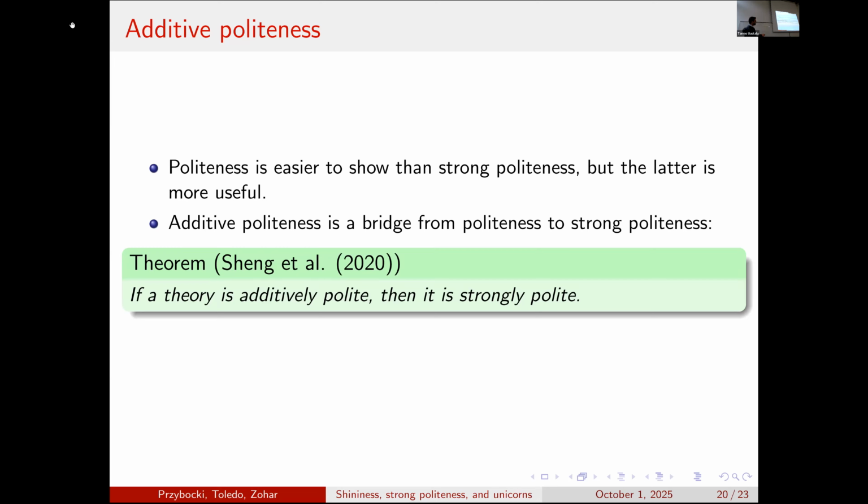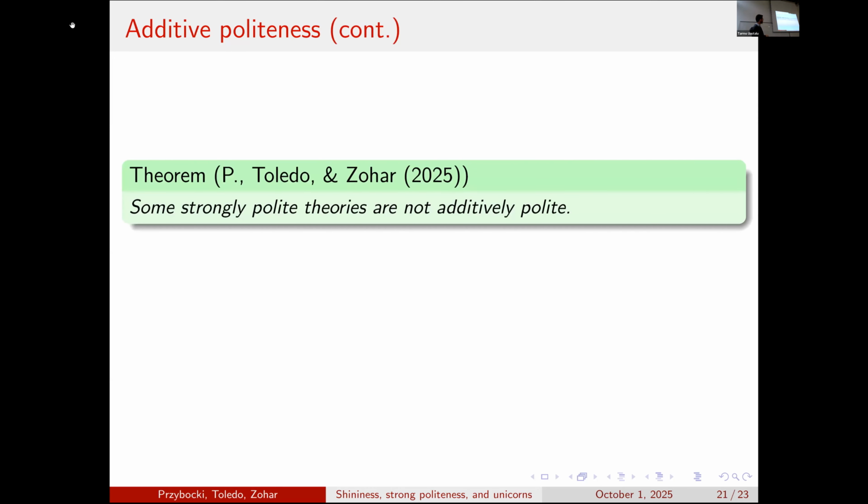So yeah, additive politeness implies strong politeness, but what about the converse? The motivation for this is we want to know, is using additivity as an assumption a complete method for showing strong politeness, in other words? And it turns out that unfortunately it's not. So we do have examples of strongly polite theories that are not additively polite.